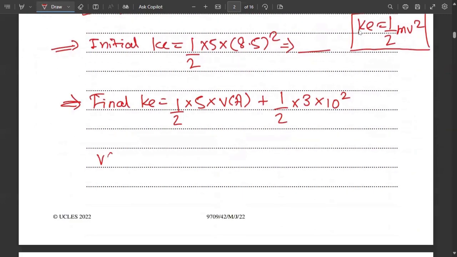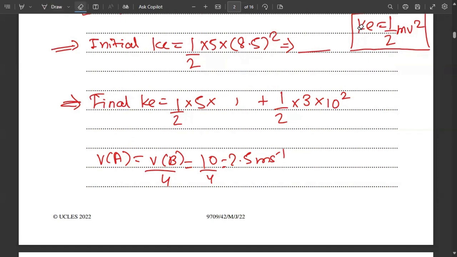The final velocity of A is the velocity of B upon 4, so that will give me 10 by 4, which is 2.5 meter per second. So instead of the velocity of A right here, I can write 2.5, so this will become 2.5 square.